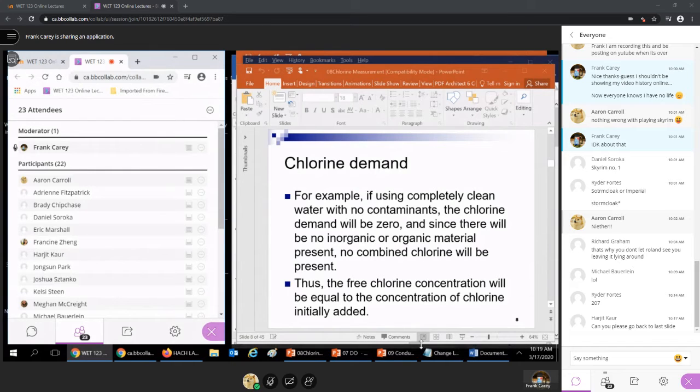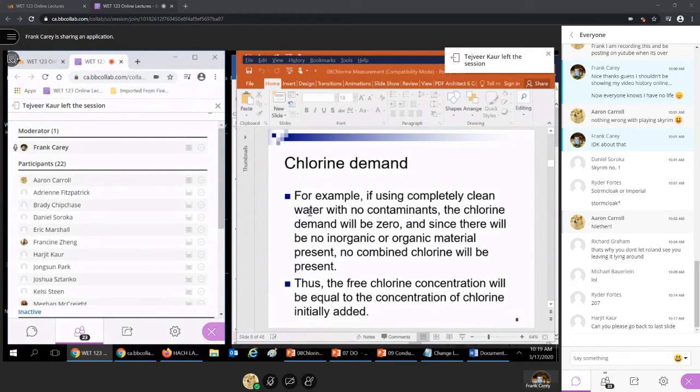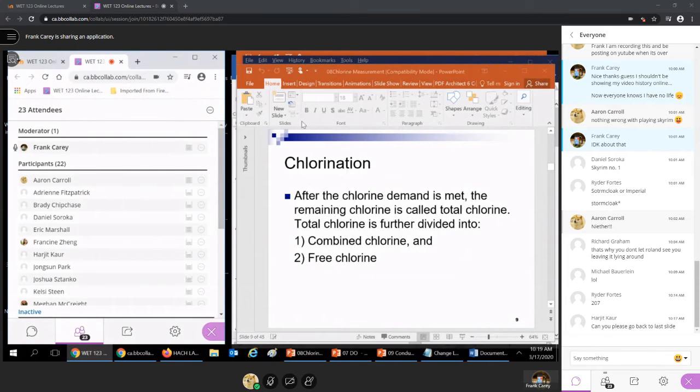It's hard to detect. So that is called free chlorine. If there are organics or inorganics in the water, the chlorine will react with them and create combined chlorine.